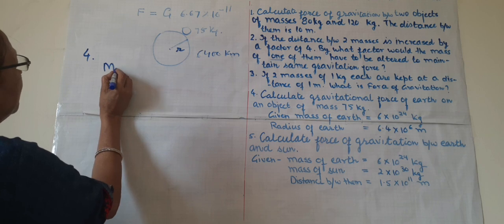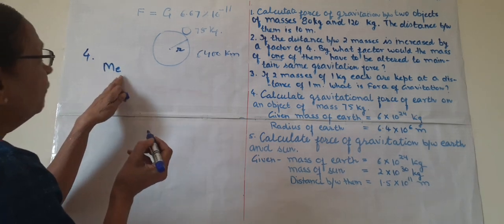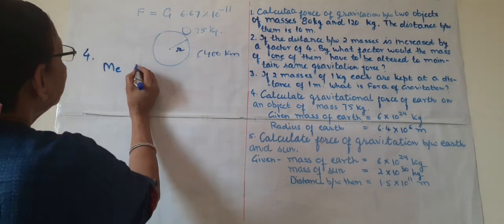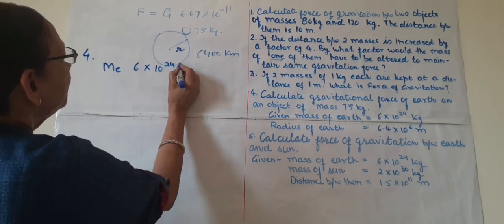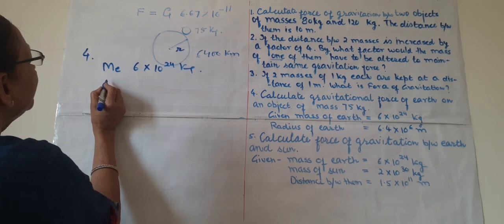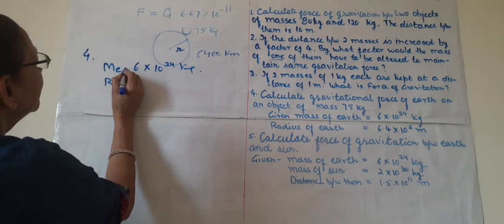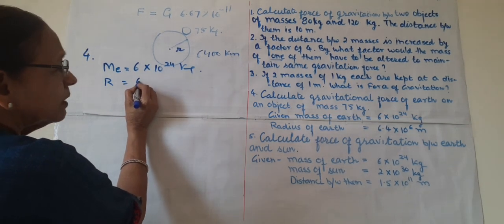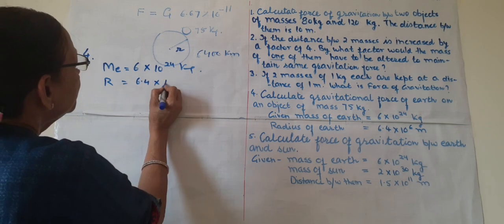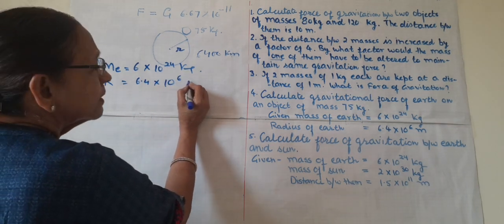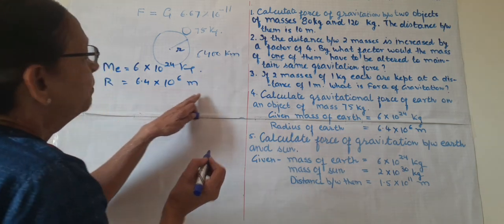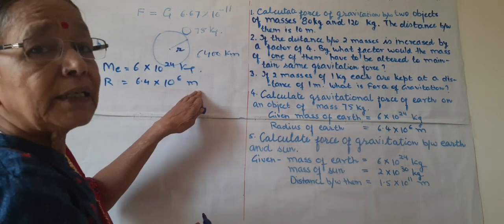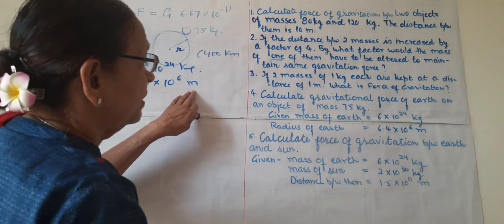Mass of earth, we write M_E. It is given 6 into 10 raised to power 24 kilograms. Radius of the earth is given 6.4 into 10 raised to power 6 meters. It is in meters because the SI unit of distance is meters.